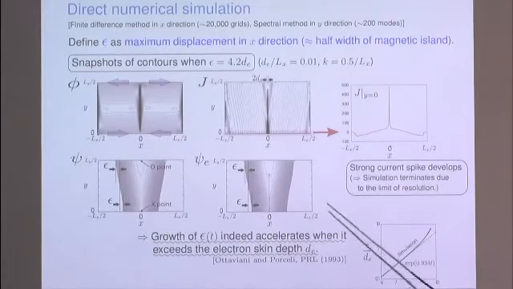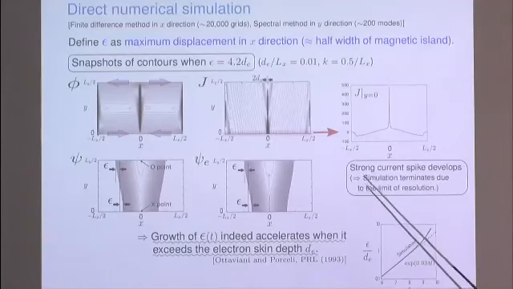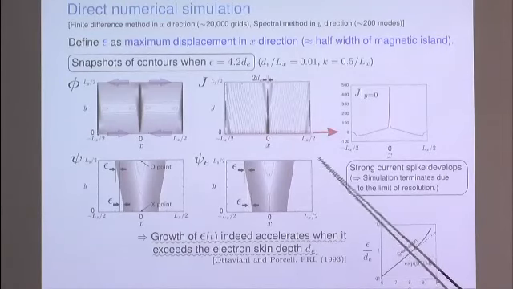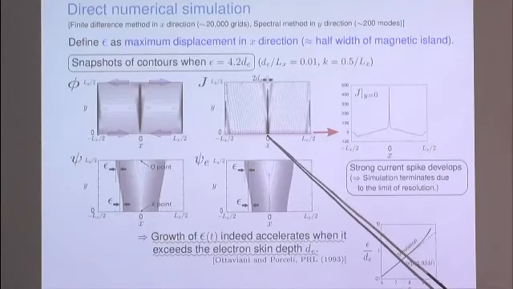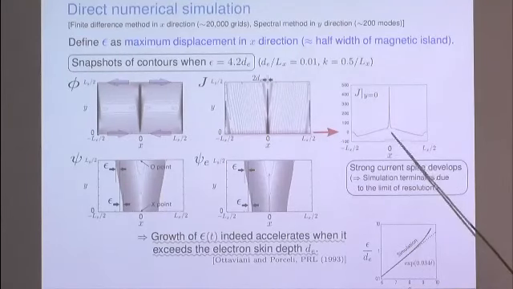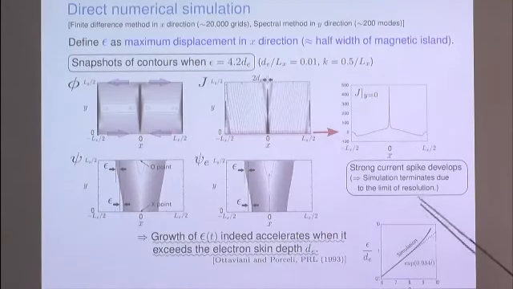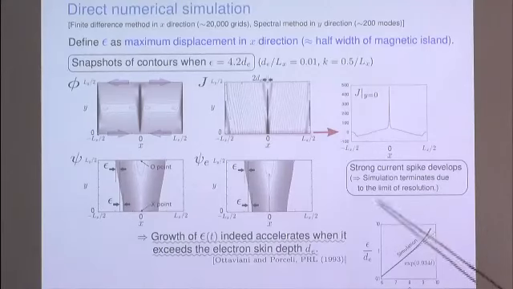And the important point is that there is a limitation in the numerical simulation. Because a strong current spike develops at the X point like this, and there is no dissipation mechanism, we observe a very sharp and strong current spike develops. So the simulation terminates due to the limit of resolution.